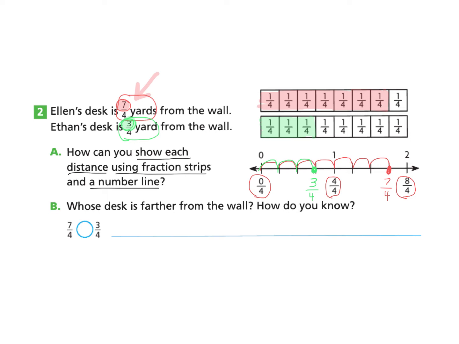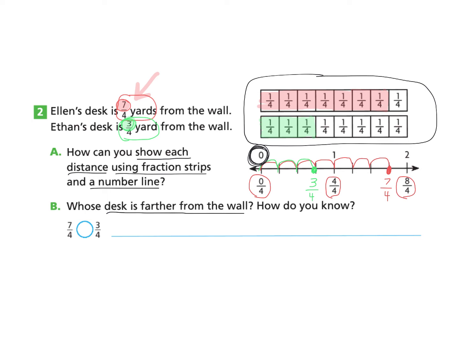Whose desk is the farthest from the wall, and how do you know? So we can see that Ellen's desk is the farthest from the wall because it has the largest distance. It's the furthest away from 0, which would be where the wall is. And we can see that here in our visual model as well.